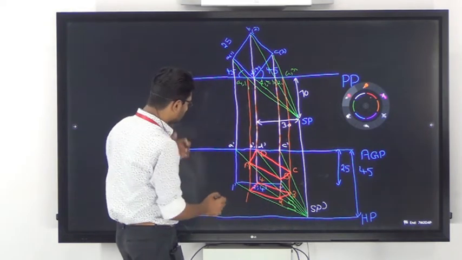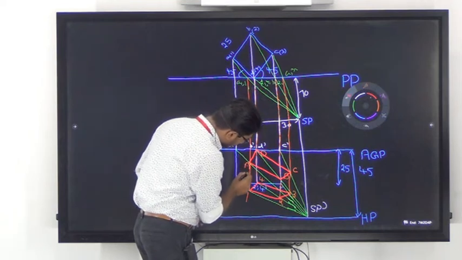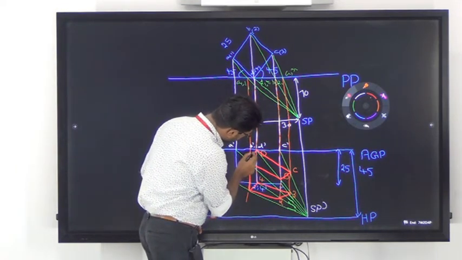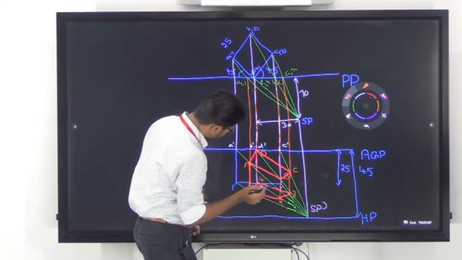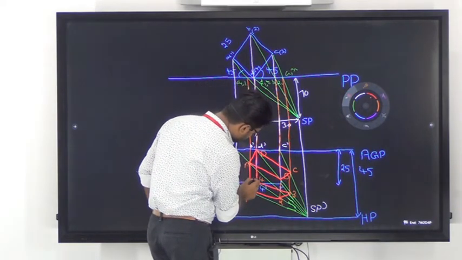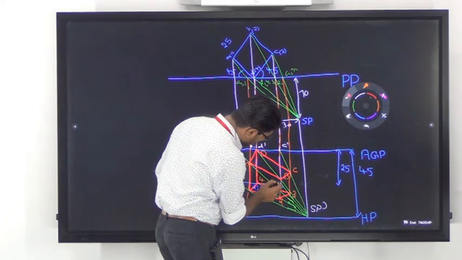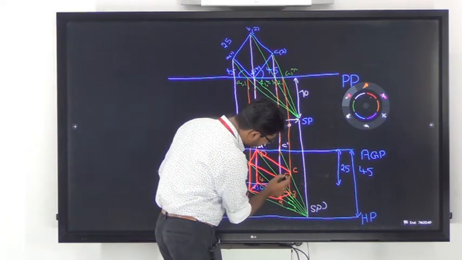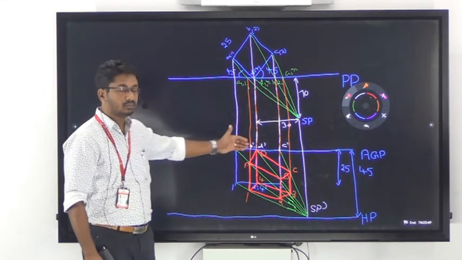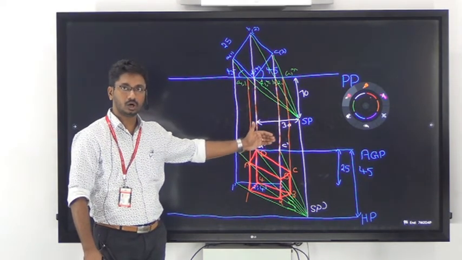Then you can join the points A1, D4, B2 and C3. So we have completed the perspective view of the object.